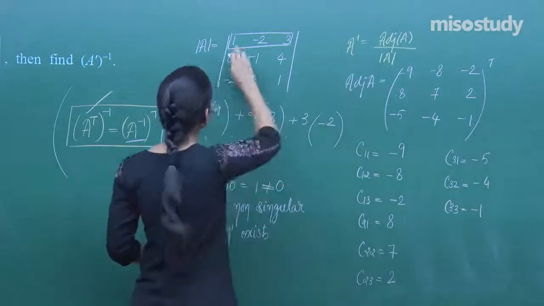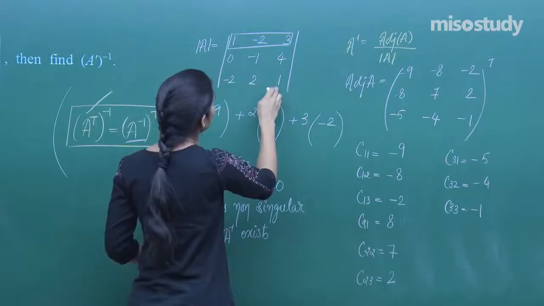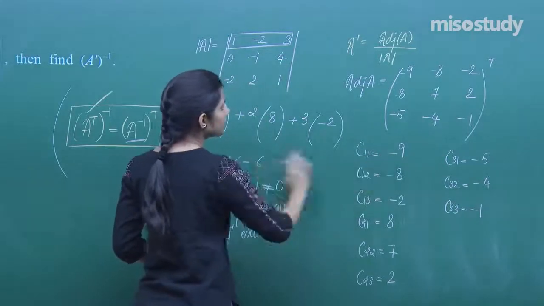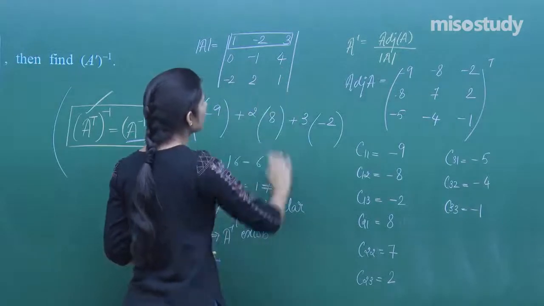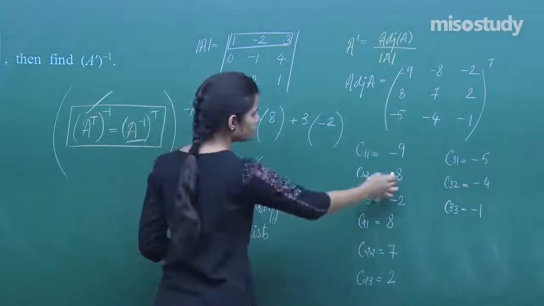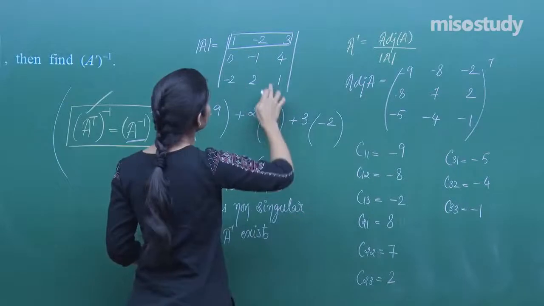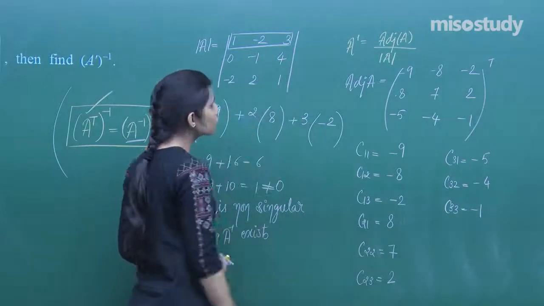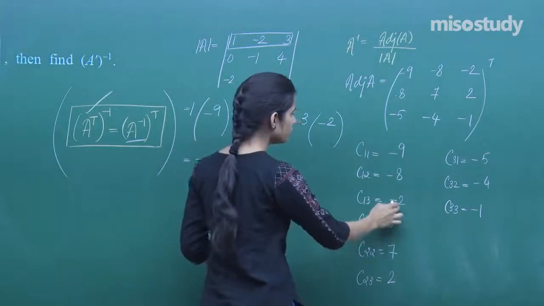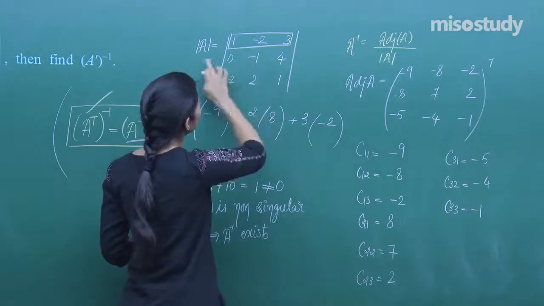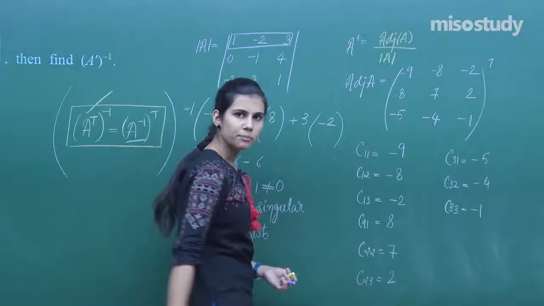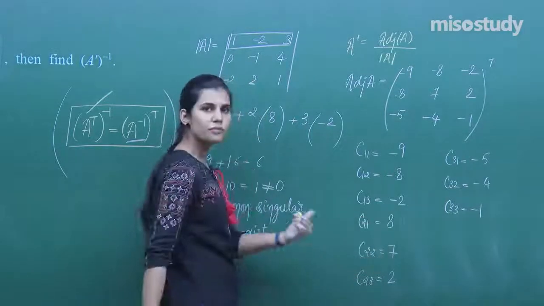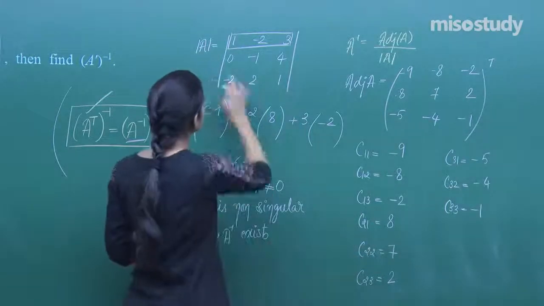Let's just check. C11 would be minus 1 minus 8, that is minus 9. Then C12, first row, second column, it will be 0 plus 8, so it will be just an 8 with a minus sign. Then C13, it will be 0 minus 2, so it will be minus 2. Then C21, it will be minus 2 minus 6, so it is minus 8 with a plus sign, so it will be 8.